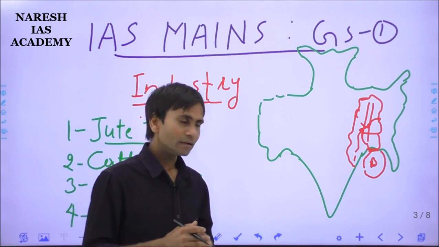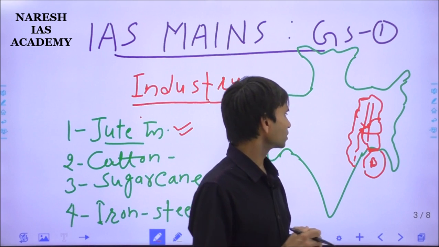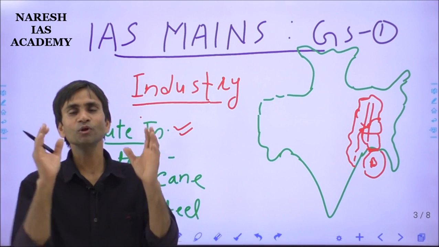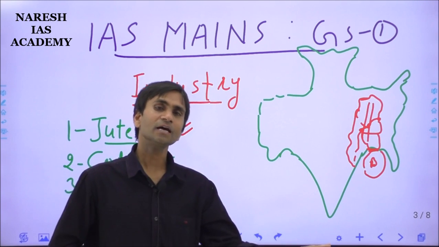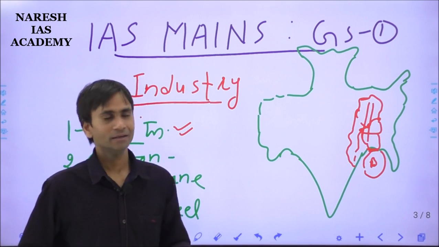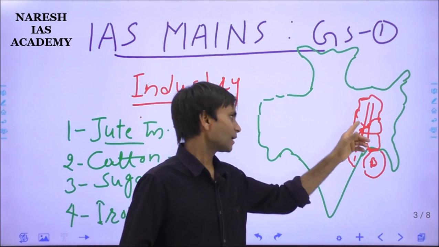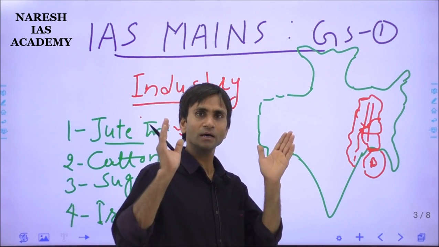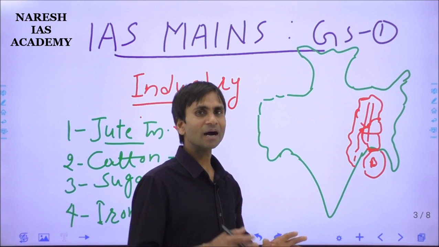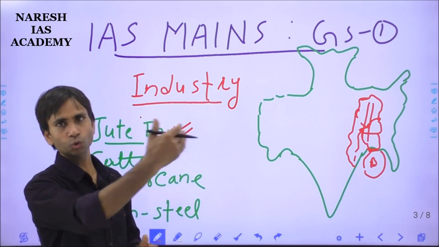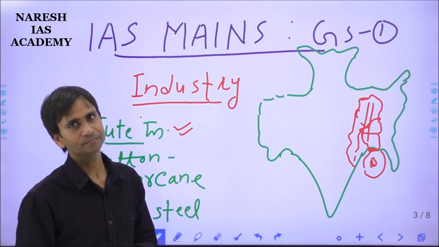Even though India is not the largest producer of raw jute, India has the maximum number of jute mills, and India mainly depends on Bangladesh for raw jute, and Bangladesh has fewer jute mills than India.